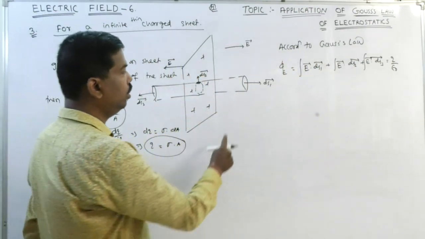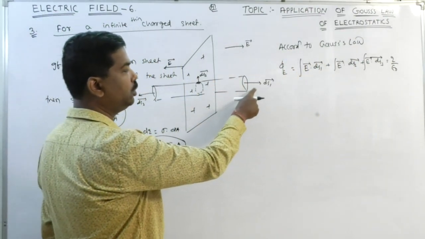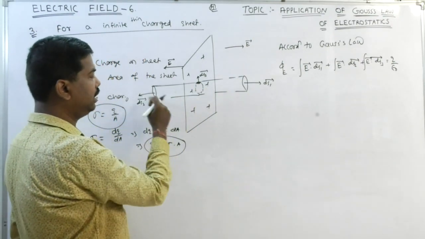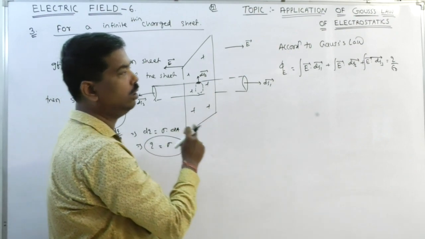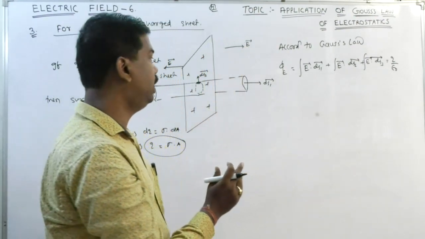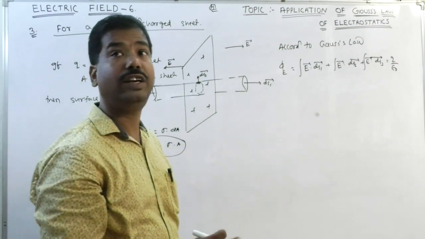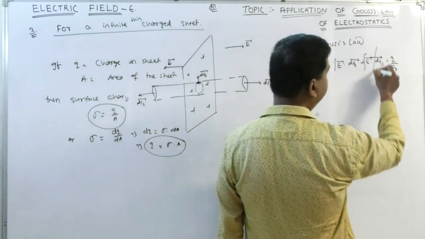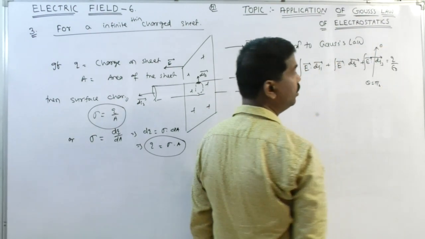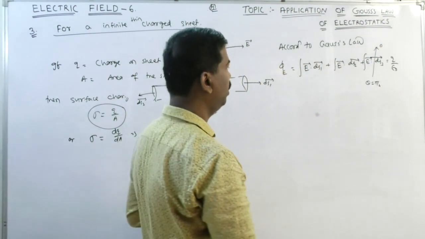Clear? So I would like to say that E vector is parallel to ds1 vector, and again E vector is parallel to ds2 vector. So ds1 vector and ds2 vector are parallel to the electric field, while ds3 vector, the area vector, is perpendicular. So theta is equal to pi by 2, so this term is 0.